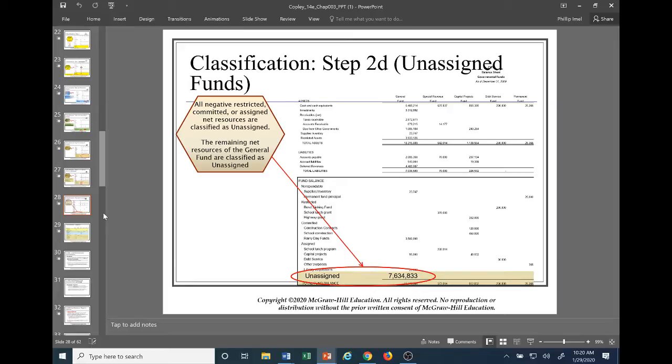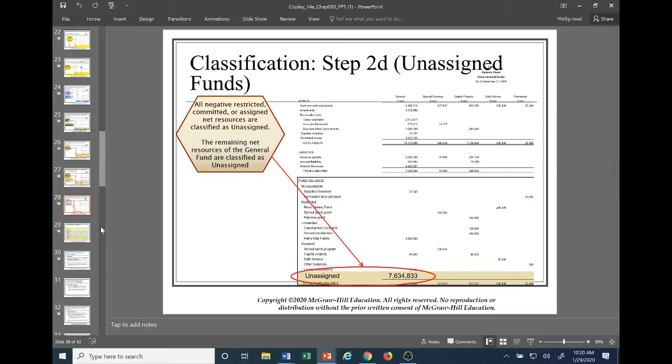Does that make sense? So that's what that's saying there. But for the main part now, let's just say all positive unassigned amounts go to the general fund. I just wanted to cover the ground of the other scenarios and why that is what it is. But for now, let's remember, all positive unassigned amounts are in the general fund.